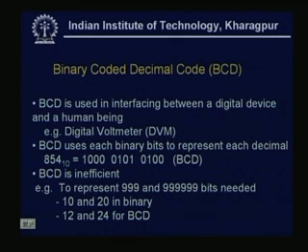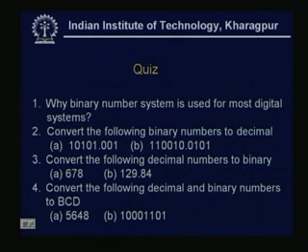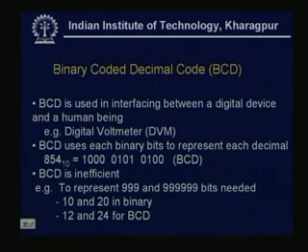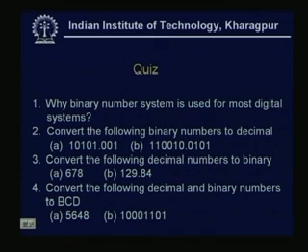Now, we stop here and I give some small, very simple quiz questions mainly based on today's discussion: why binary number system is used for most digital systems, and then some of the conversions.